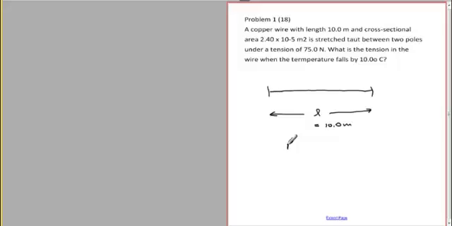And the area, cross-sectional area, is 2.40 times 10 to the minus 5 meters squared. And the tension, which is a force, is equal to 75 newtons.